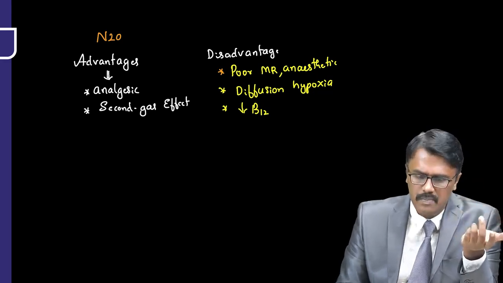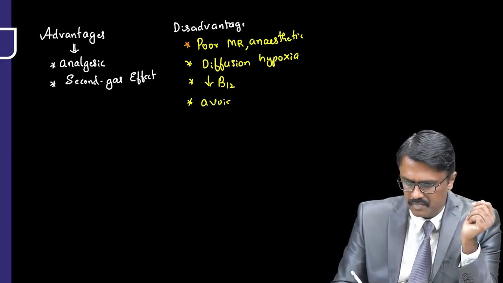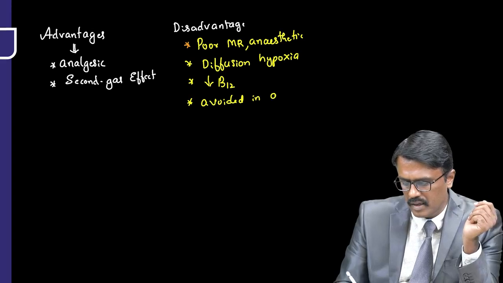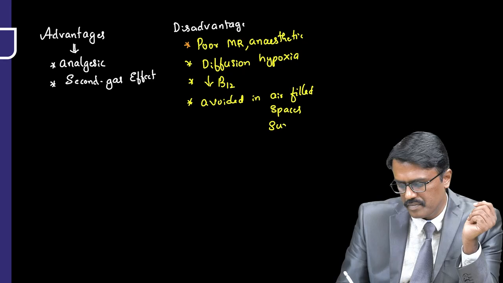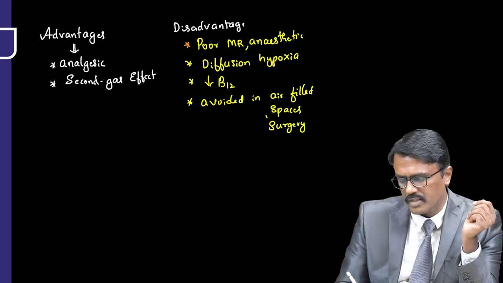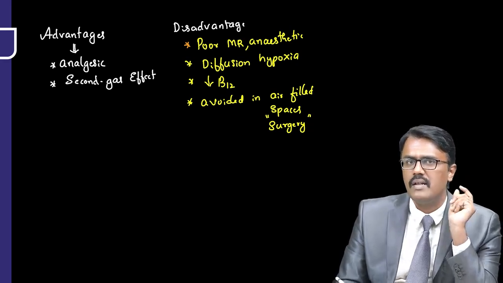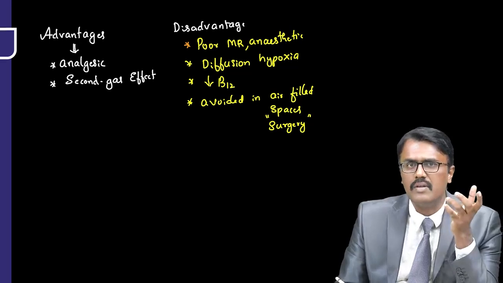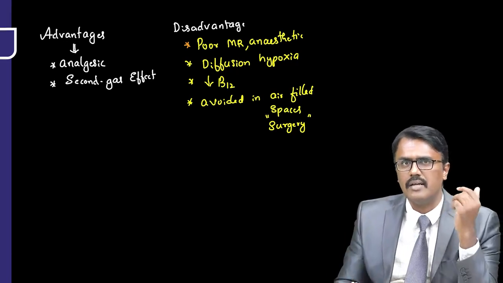If you are using it for a very long period, then only. And it is avoided in air-filled spaces surgeries. For example, if you are doing a pneumothorax or middle ear surgeries, the chances of nitrous oxide entering into that and increasing the pressure inside the cavity is more. So avoid in air-filled spaces.